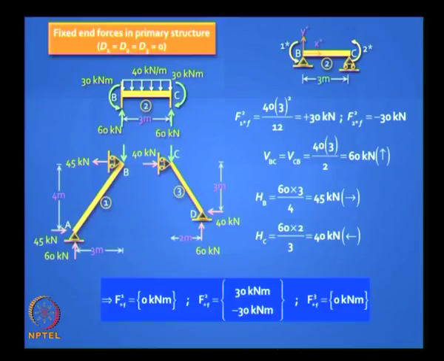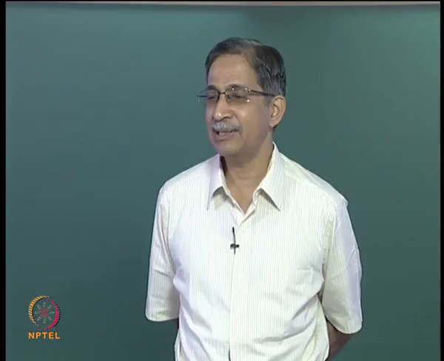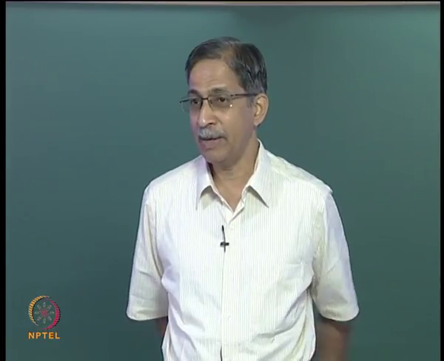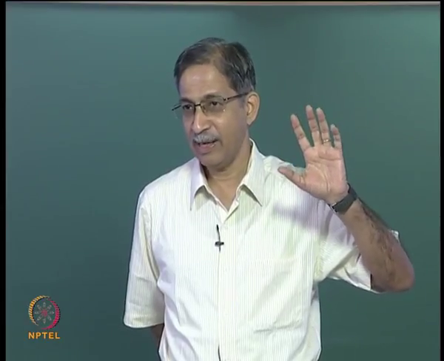So this is what you get from this diagram, but how do you include the effect of axial force here? You have only 1, 2 and 3 in the global coordinates. How do you transfer this understanding to equivalent joint loads in the global coordinate? In other words, what is F1F, F2F, F3F?